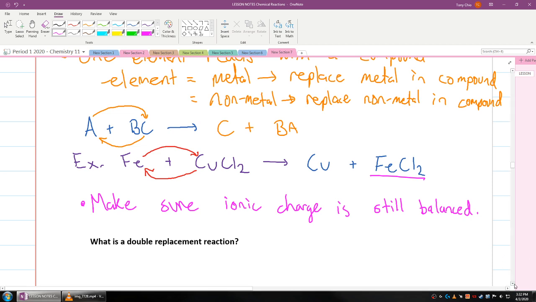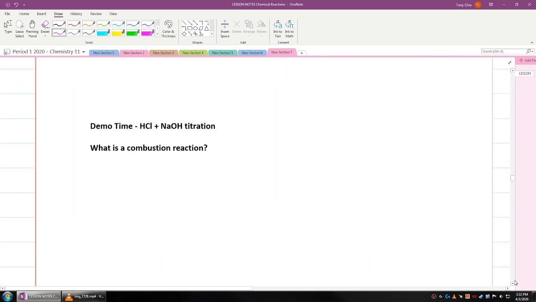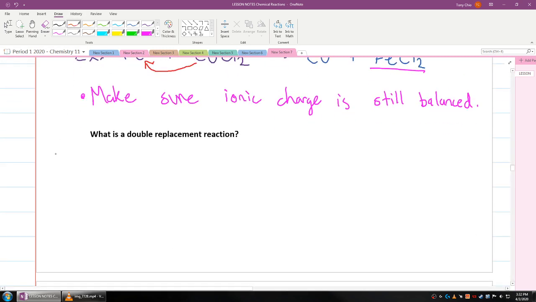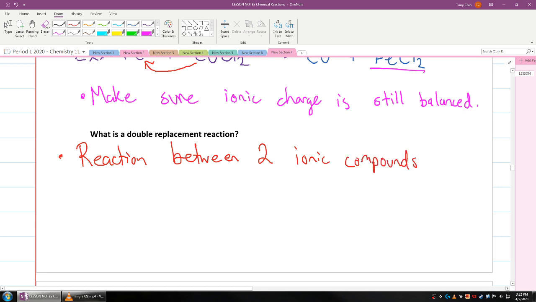Now the next example is called a double replacement. A double replacement is a reaction between two ionic compounds. Basically, the nonmetals will switch partners.